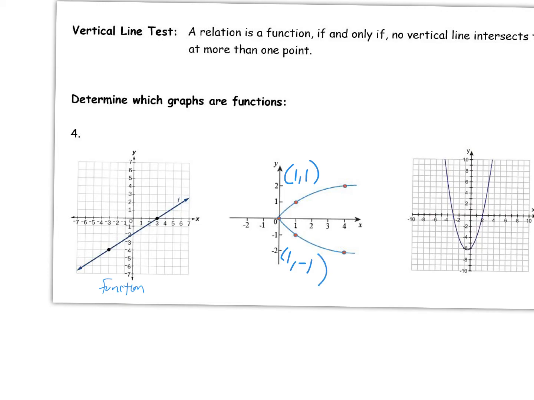So again, you have x values repeating themselves, therefore it's not a function. That's why the lightsaber is going to hit this twice at the same time, which you cannot have. So in this instance, this is not a function.